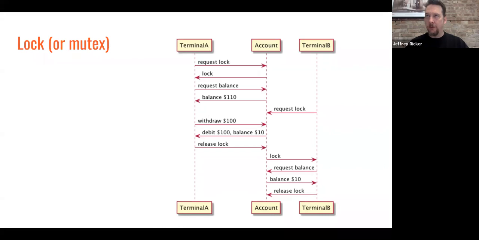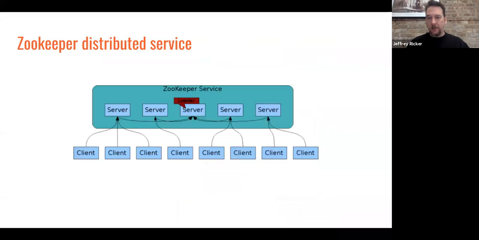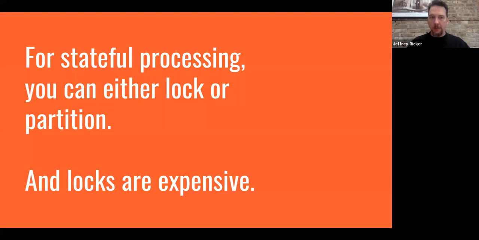But if you're dealing with thousands of nodes or hundreds of thousands of processes running in parallel, the locking becomes really expensive. And it's much better if everybody can do their own job without having to worry about the other guy and stepping on each other's foot. And that's how you partition.